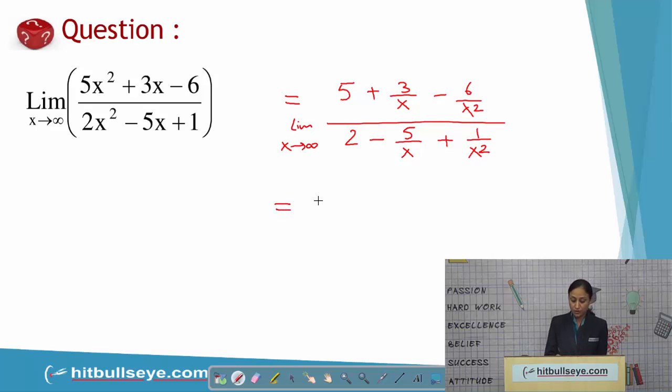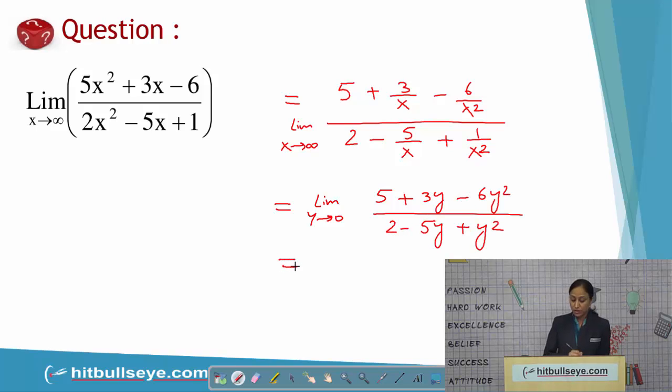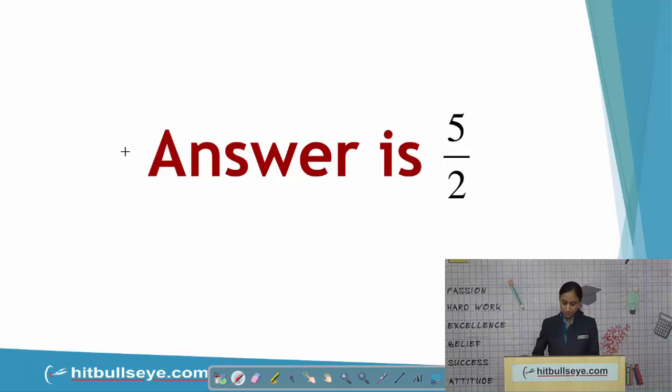Now we apply the working rule, which says replace x by 1 upon y, or we can say replace 1 upon x by y. So this is what we get. Now it's a rational polynomial where we can simply put the value of y equal to 0 here, giving us the answer as 5 upon 2, which is a definite value and hence is the answer for the required limit.